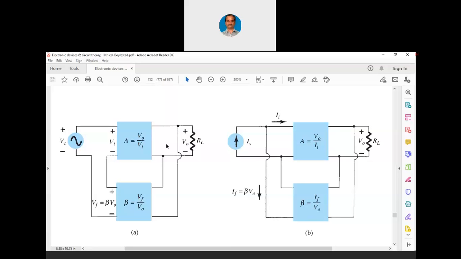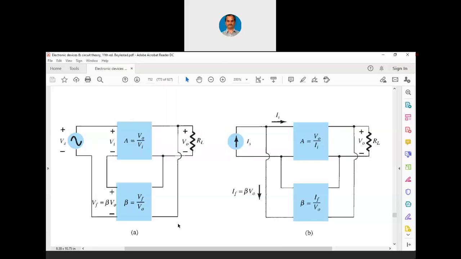Now this is called voltage series. Whenever you remember voltage series feedback, visualize that voltage is taken from the output and it is given in series to the input. So the circuit which you are seeing at the left side is called voltage series feedback.